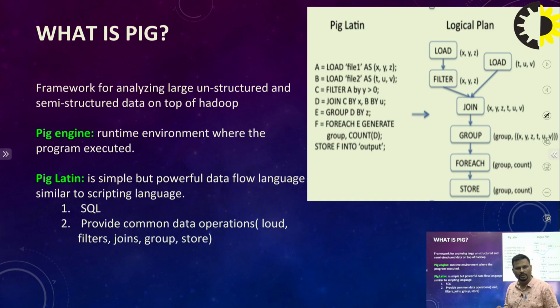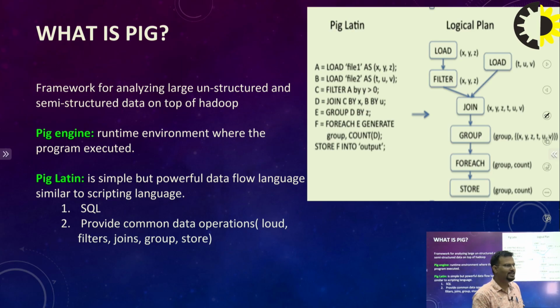Unstructured data includes images, videos and other data that didn't have any format. And semi-structured data includes CSV files, JSON files and XML files. So PIG is a framework that can analyze different types of structured, unstructured and semi-structured data.